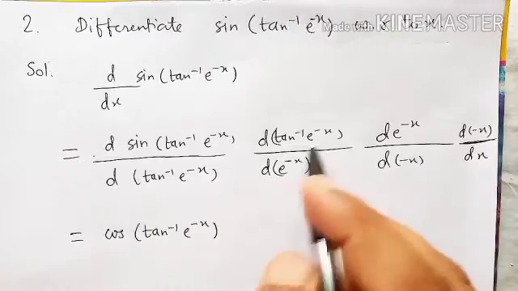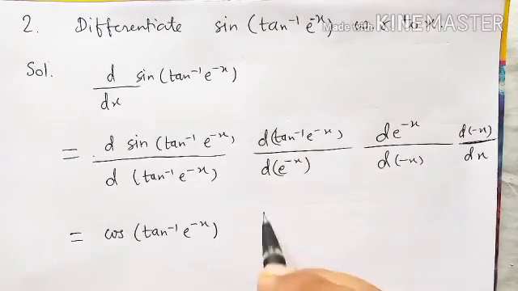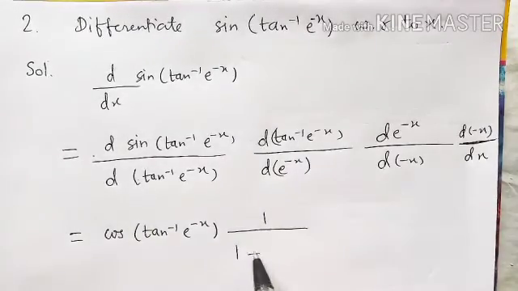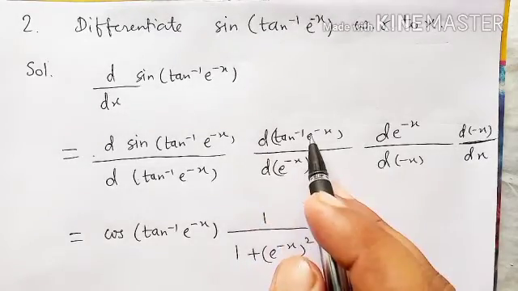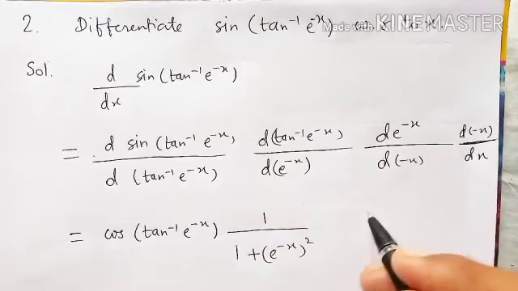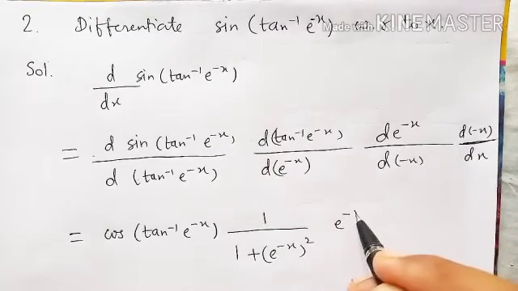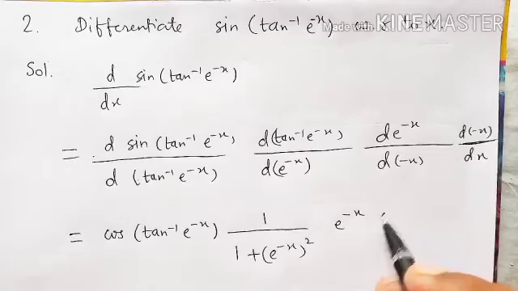Here the derivative of this will be, we know that the derivative of tan inverse x is 1 by 1 plus x square, and its derivative will be minus 1.